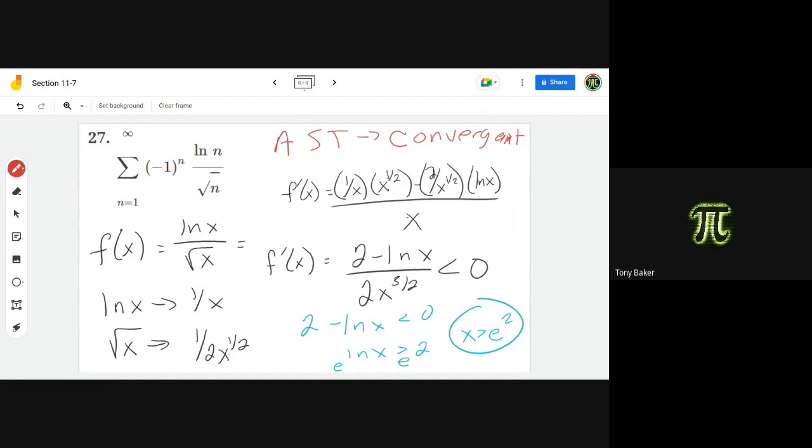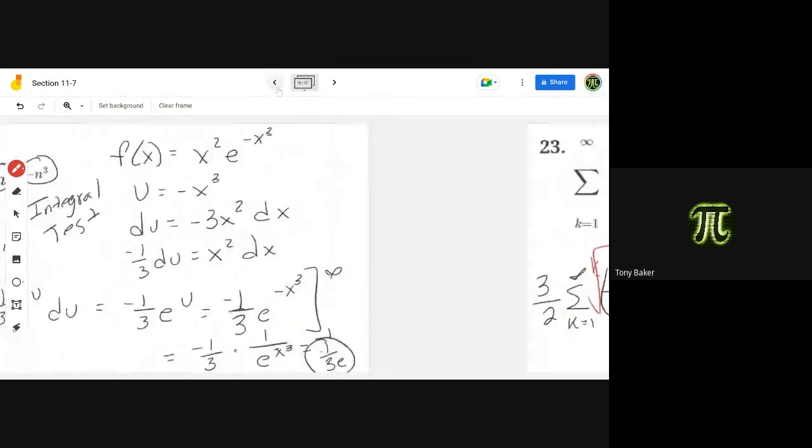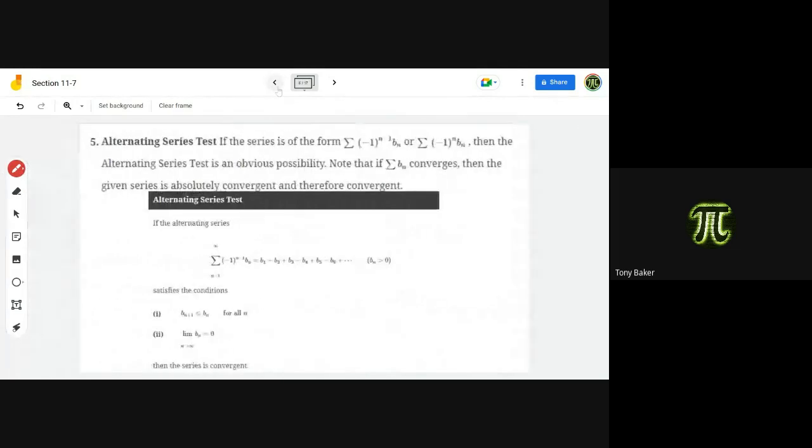Now, the alternating series test does not explicitly state that you can find if a series is divergent. Okay? However, this right there is your test for divergence. If it's going to fail a test, it's going to fail that one.